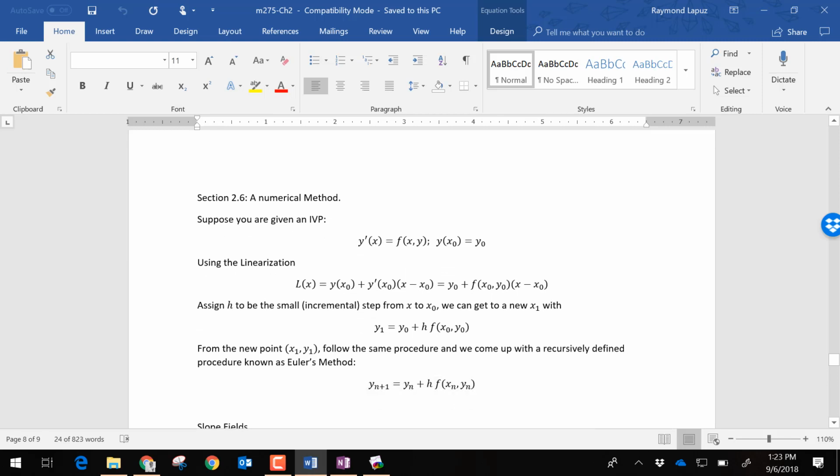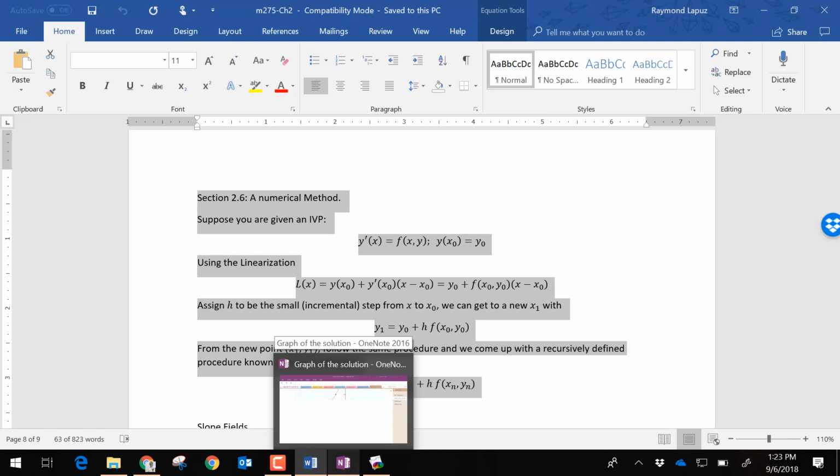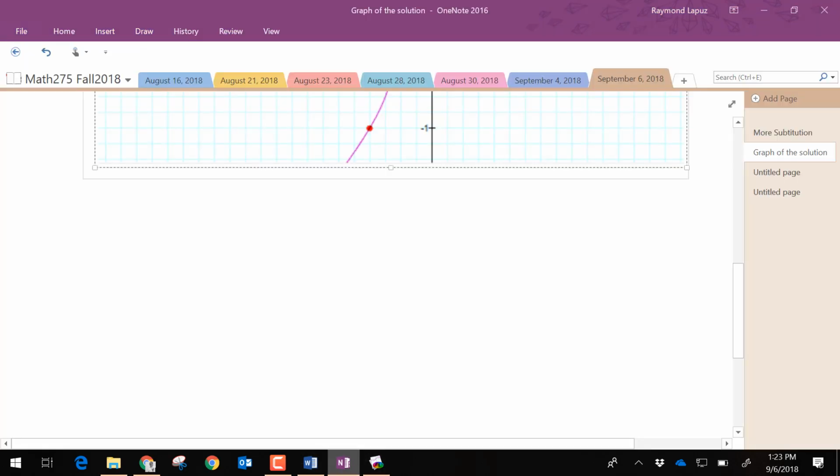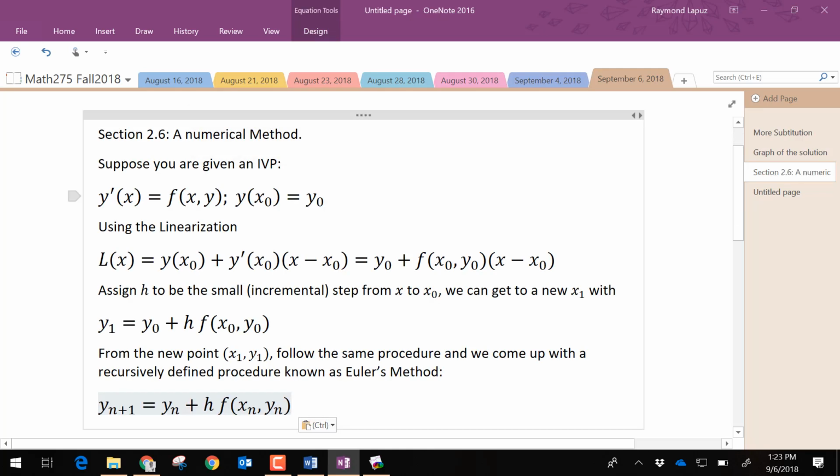People would try to solve differential equations, and out of all the techniques that we've learned, there's still going to be a handful of differential equations that we won't be able to solve. So in those cases, just like in integrals, we decide to approximate it or do it numerically.